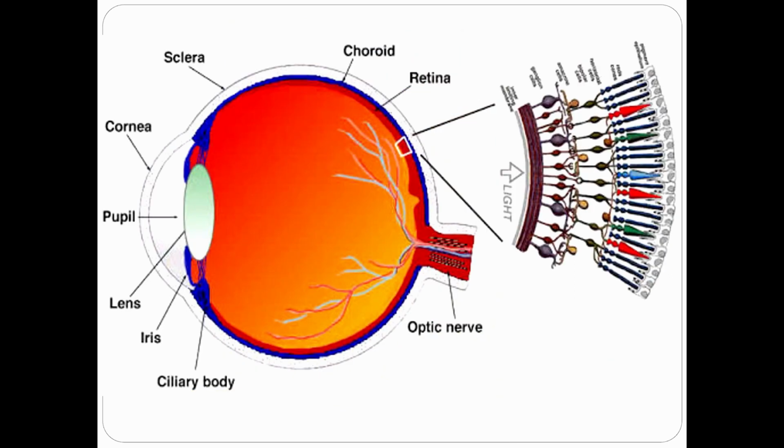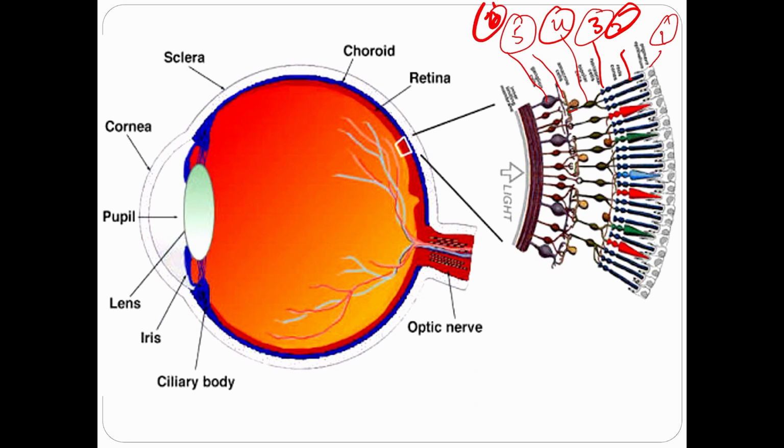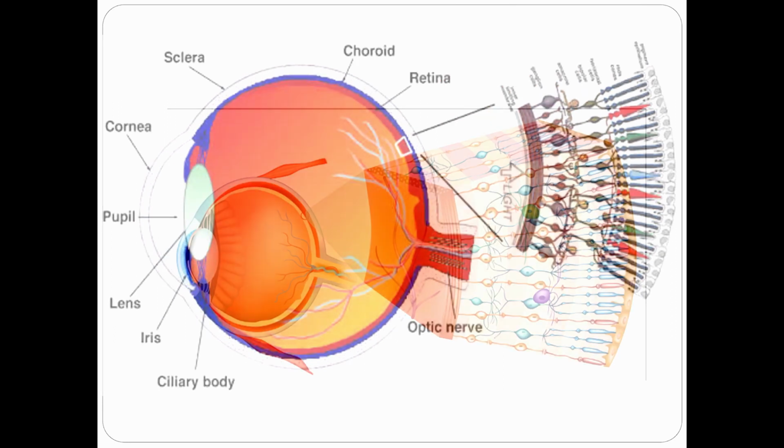Understand? So, these are now the layers. Layer number 1 epithelial layer, layer number 2 rods and cones, layer number 3 outer limiting, layer number 4 outer nuclear, layer number 5 outer plexiform, layer number 6 the bipolars, layer number 7 inner plexiform, layer number 8 ganglion, layer number 9 optic nerve fibers, layer number 10 inner limiting layer.